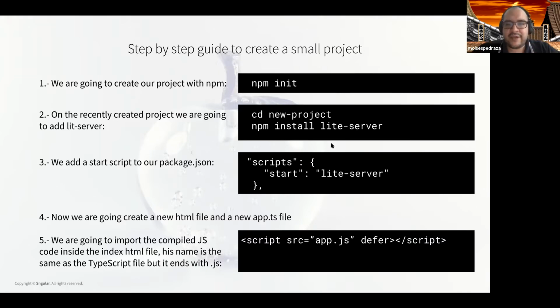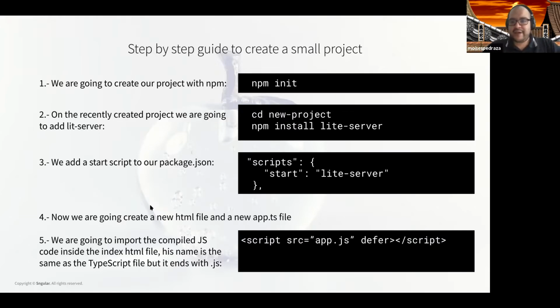After we add lite-server to our dependencies, we create our first start script in the package.json. So inside of our package.json, we just add start and then lite-server. That will run the server to run our project.